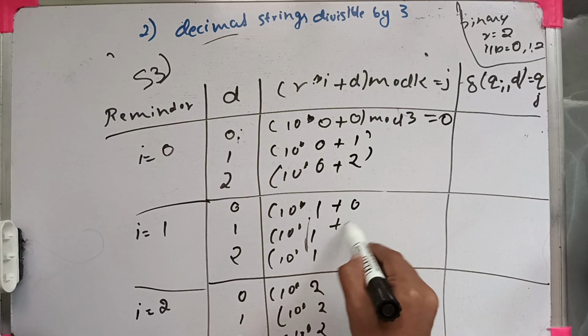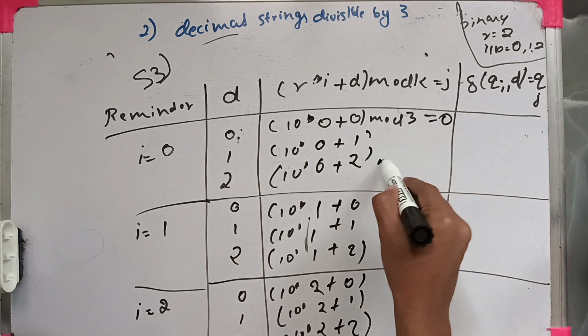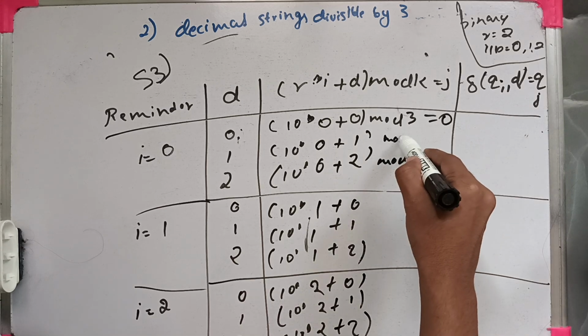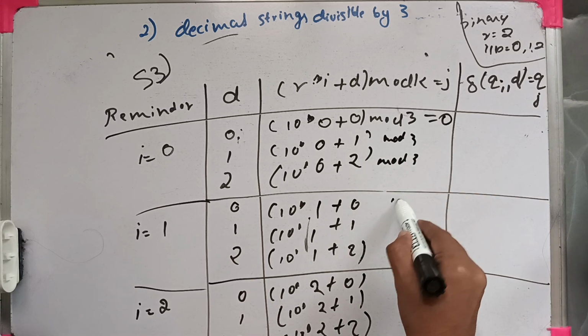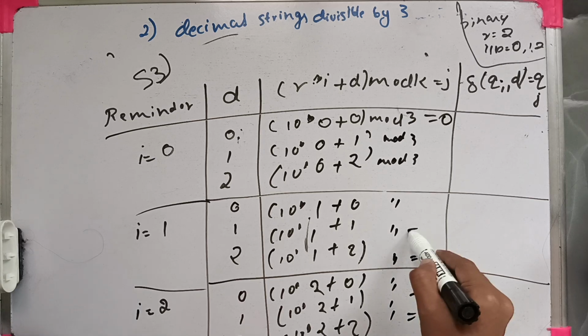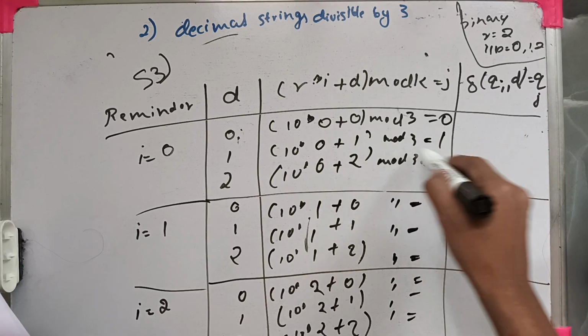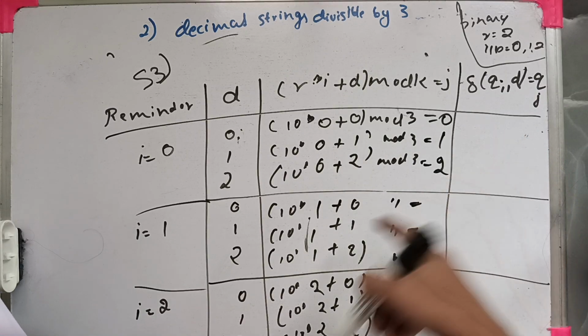Here is 0, 1, 2. Next 0, 1, 2. Next all is mod 3. So everyone is mod 3 here. Okay. Next here 1 mod 3, 1, 2 mod 3. Next 2.